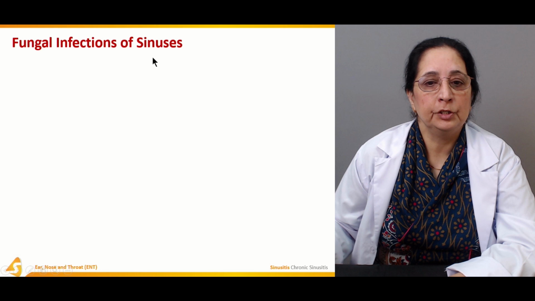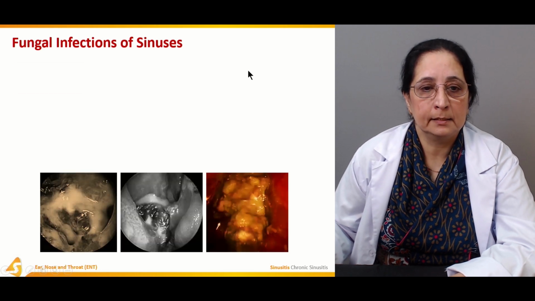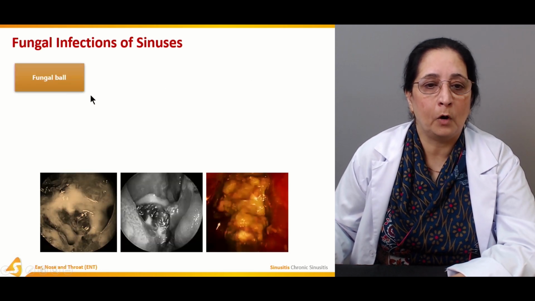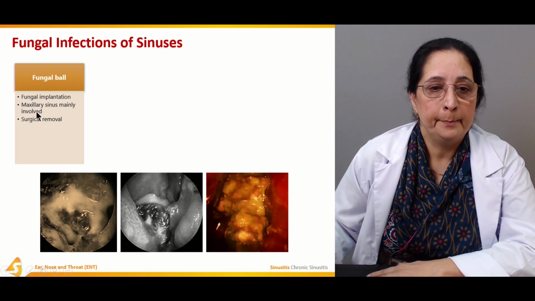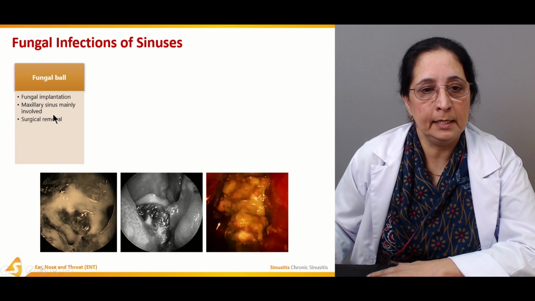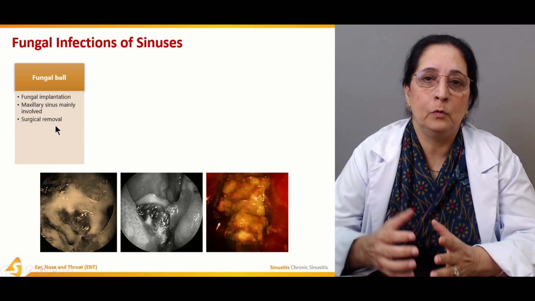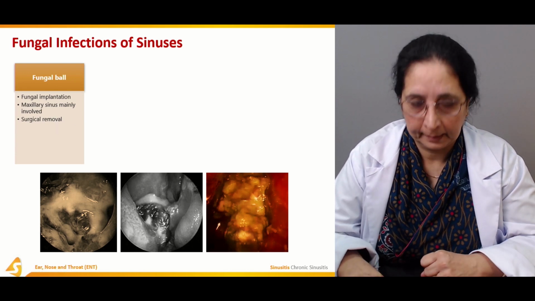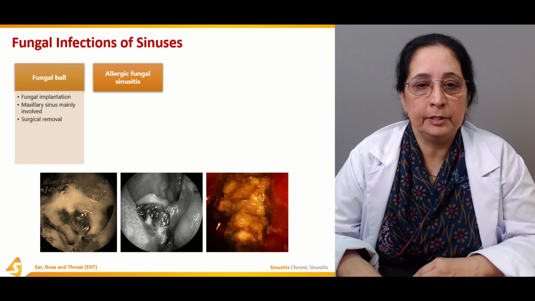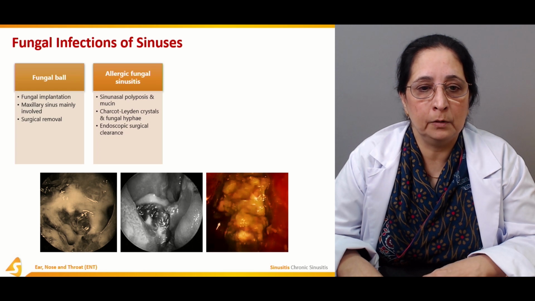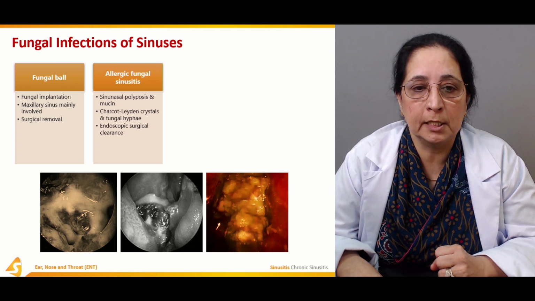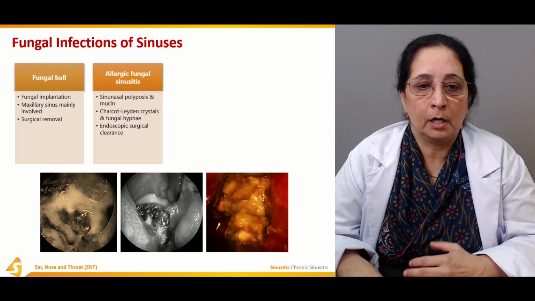Fungal infections of sinuses. There is a fungal ball infection, which is fungal implantation. The maxillary sinus is mainly involved, and surgical removal is performed. Then there is allergic fungal sinusitis, which shows sinonasal polyposis and mucin.